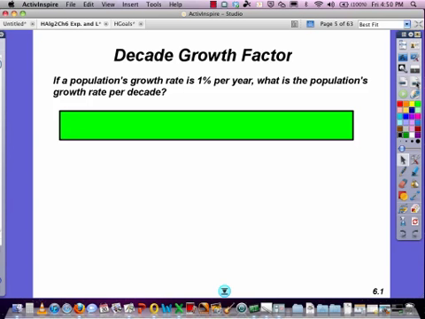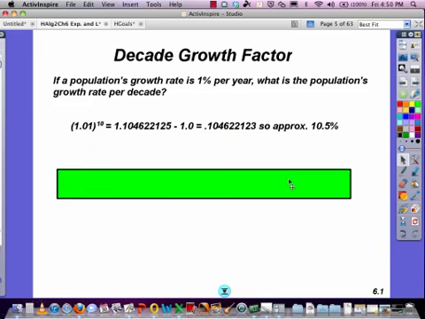So if you would use the part of the equation that involves that calculation with time and rate, you should be able to come up with something. So try it. Do a quick calculation. What is the population's growth rate per decade? So if you're thinking, hey, I've got that 1 plus that 1% per year, so 1.01, for a decade is 10 years, you are then getting a fairly long, not large, but long decimal here.